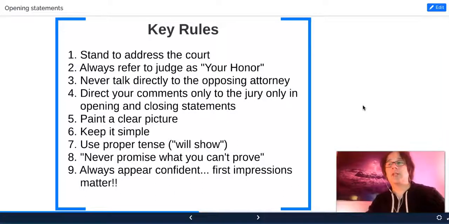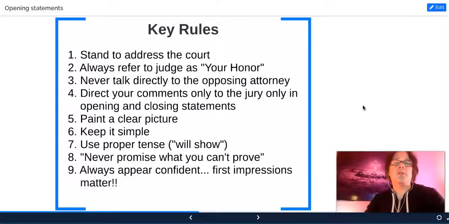So be clear, try to keep it simple, keep the questions simple, keep the line of questioning simple. You'll see, particularly for direct and cross-examination, there are different types of questioning that you want to do. You need to avoid leading questions when you're doing direct examination, and you kind of want to use leading questions when you do cross-examination, but we'll get to that in another video.